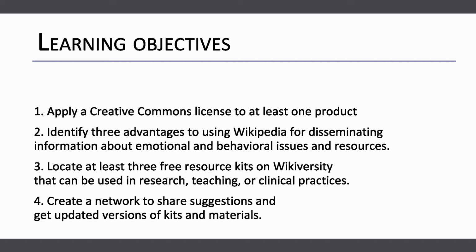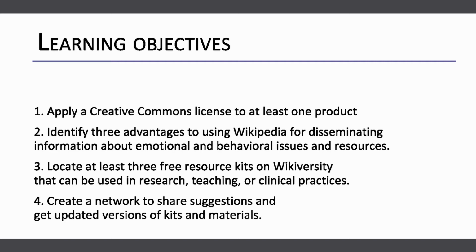So we have 70 minutes together, and I want you to get practical skills that you're going to be able to use. And I'm actually going to ask you to use a couple of them today. One is to learn how to Creative Commons license at least one thing that you have built that you want to share with other people.